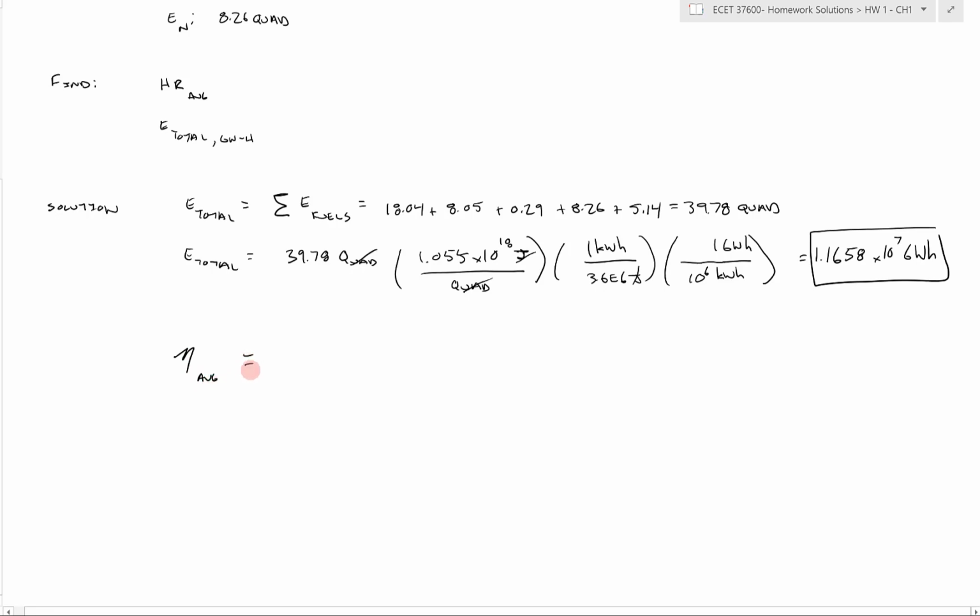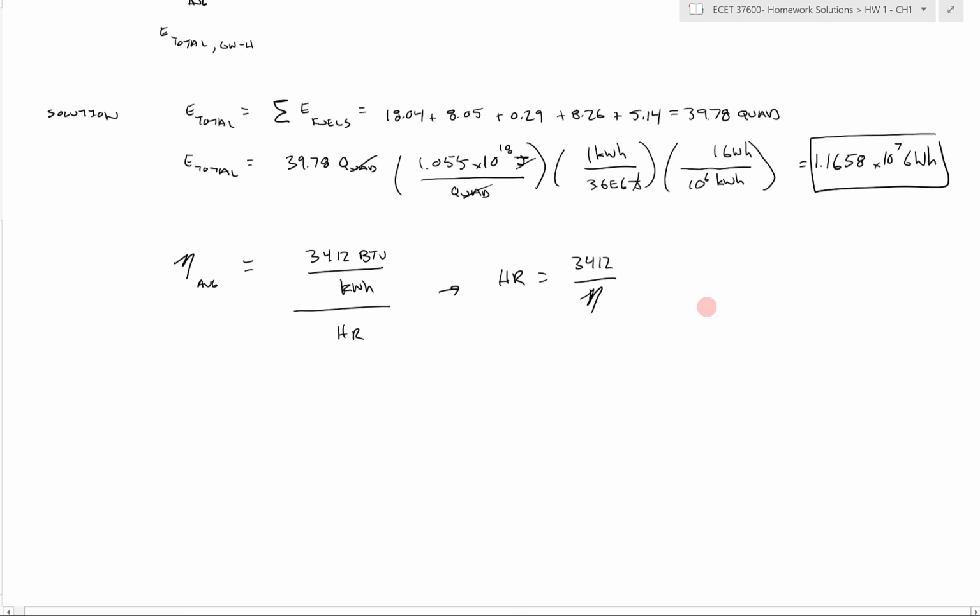Remember, efficiency can be calculated from 3,412 BTU per kilowatt hour, the heat content of a kilowatt hour, divided by the heat rate. And so we can just rearrange those to solve for heat rate. It's 3412 over the efficiency. Gives us that calculation.